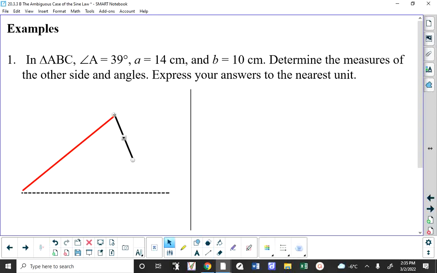I guess I can draw that a little longer. Side A is 14. Side B is 10. Well, I guess I should draw it a little bit better, because 14 is bigger than 10. So this is the situation we're looking at.